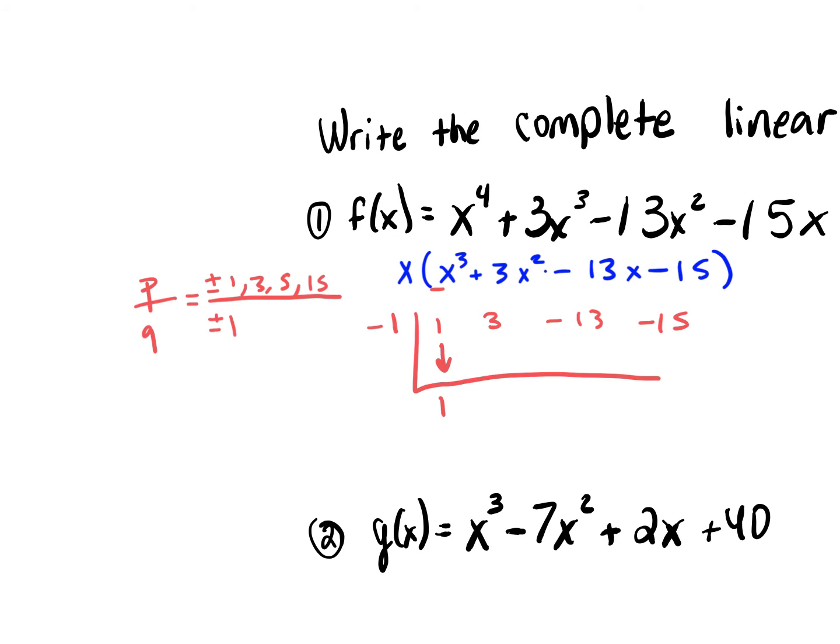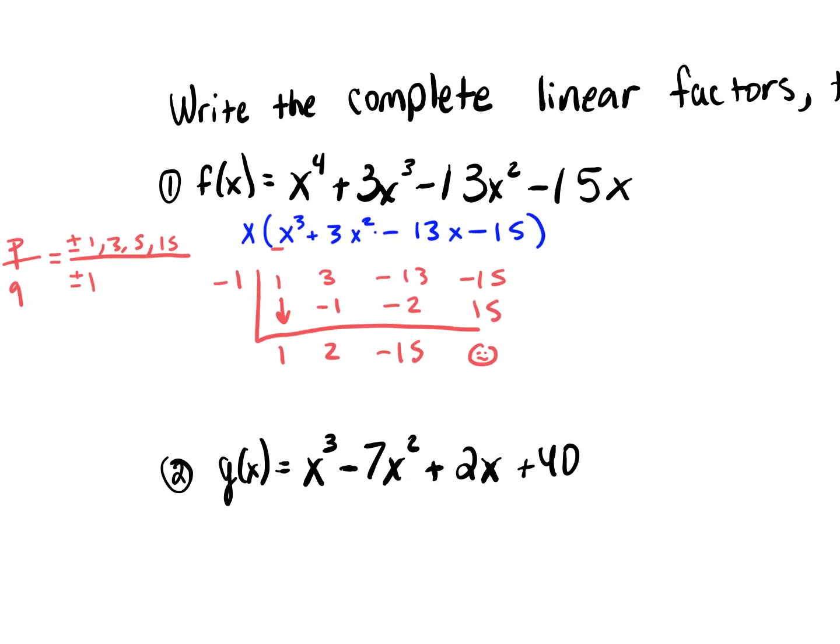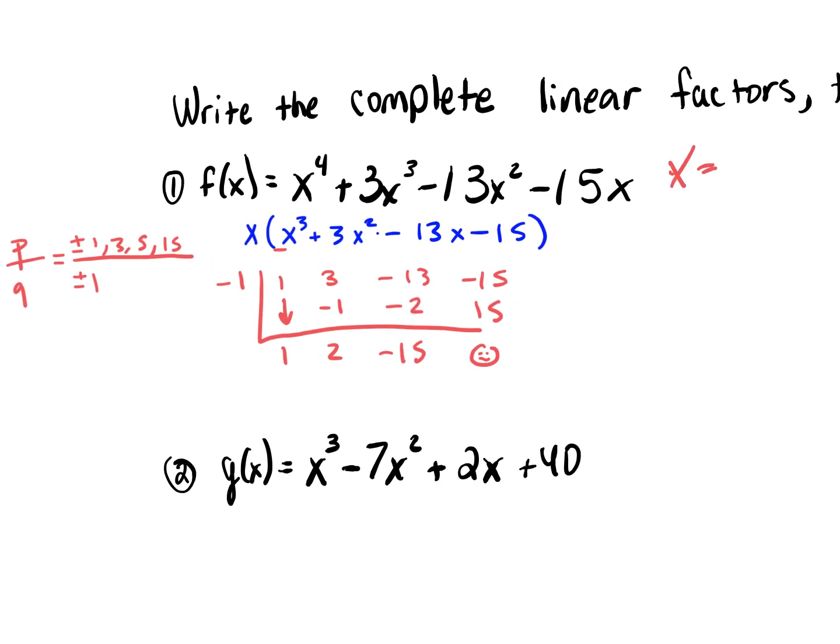Multiply, we get -1, add 2, multiply, -2, add, -15, multiply, +15, add, and we get 0. So -1 works. So one of our answers is x is equal to -1.